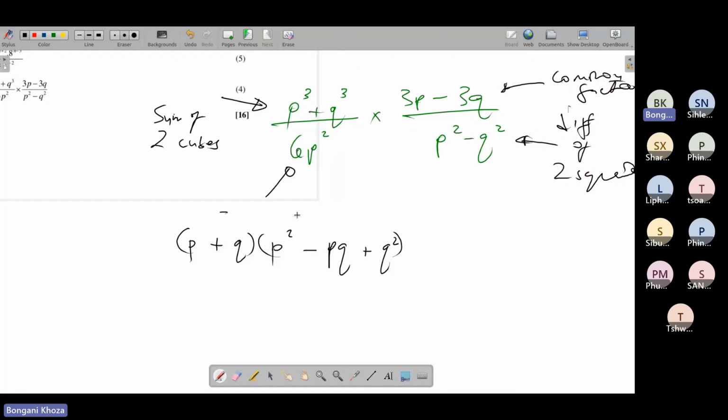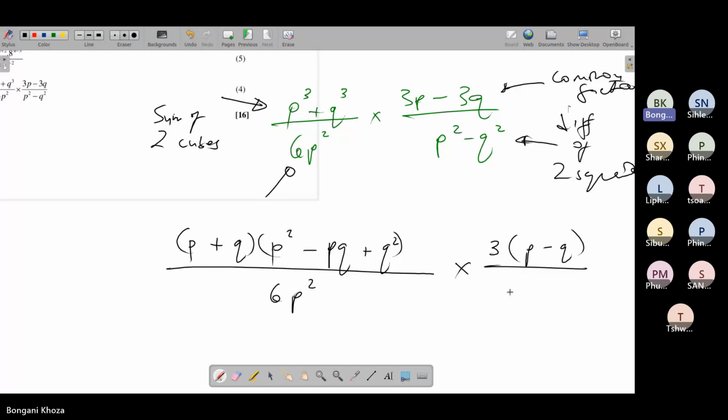So all the time you end up having 2 positive signs. So this was just the numerator over there. This 6p squared, you write it as it is. Over here, times common factor, it's 3, p minus q, over this difference of 2 squares, p minus q, p plus q.